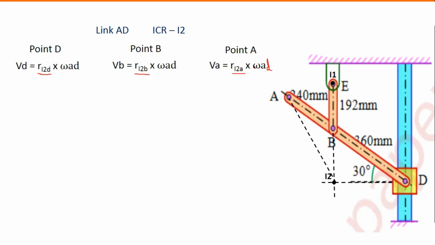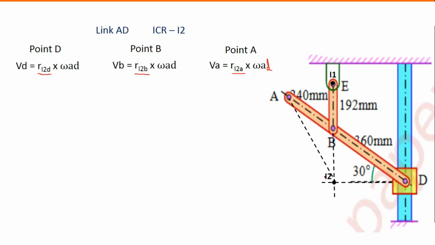Let us look at all three distances in the diagram. I2D is not known to me. I2B is also not known. I2A is also not known. Now let us use some geometrical methods to find these distances and angles.